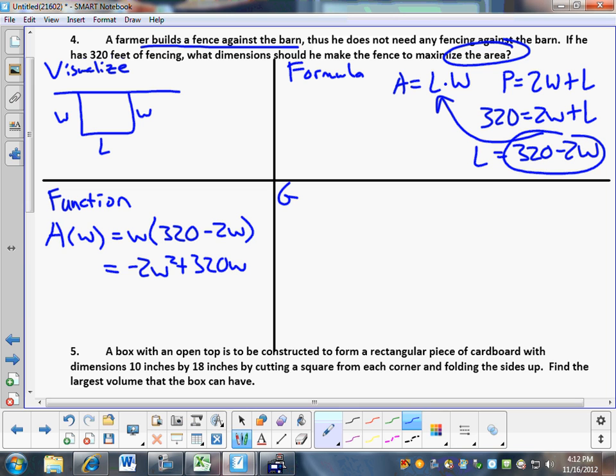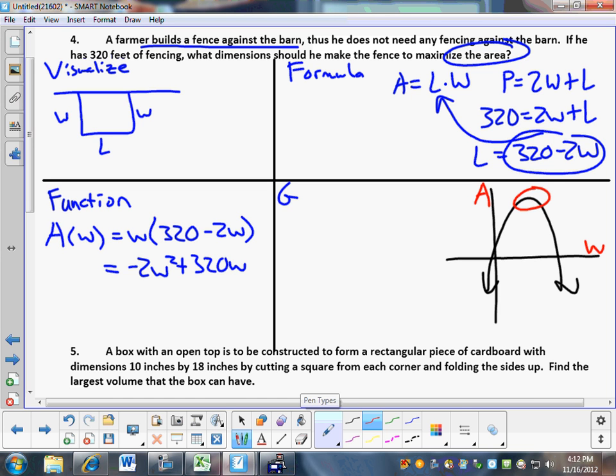What shape is that? Well, the shape is a parabola that's upside down. Looking for the maximum area. That's the area axis, that's the width axis. That's the max, it happens at the vertex. We want to figure out where that happens. In order to figure it out, I do negative b divided by 2a. So negative 320 divided by 2 times negative 2, negative 4. 80. So 80 is that location.